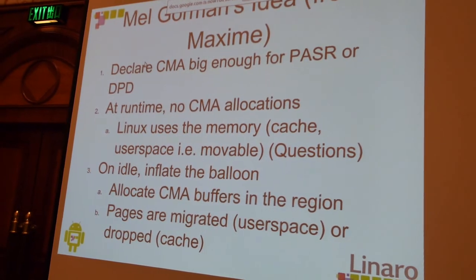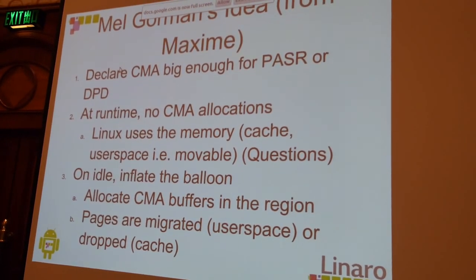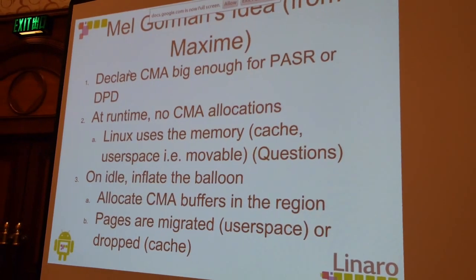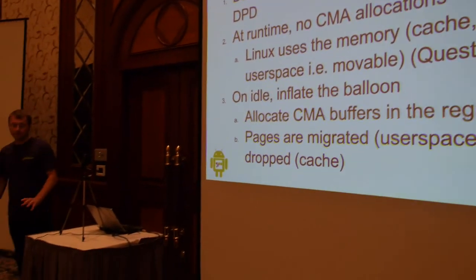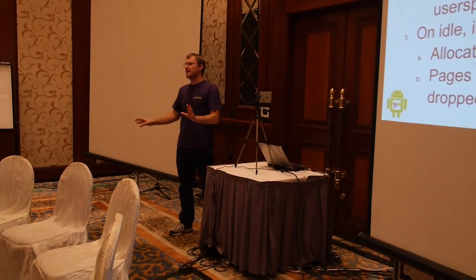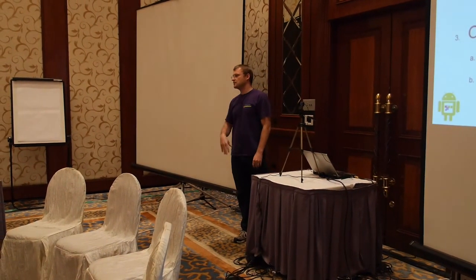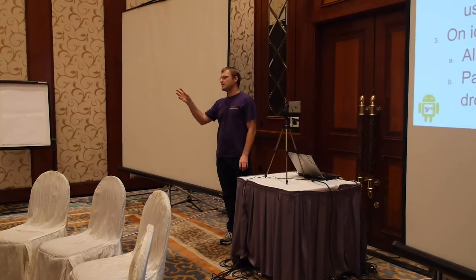Now, after reading through the code, I don't actually see how this works, but I've got a couple of questions out there to see if this is actually possible. So just bear with me. There's no CMA allocations, which means that Linux is free to actually use this entire chunk of memory.